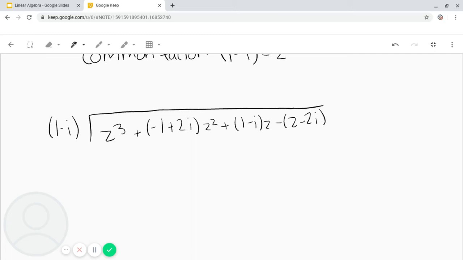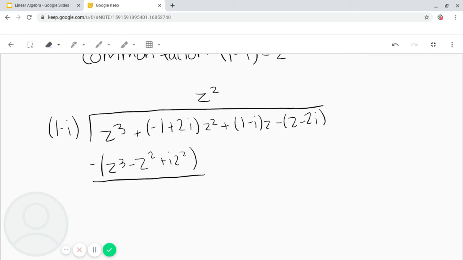To get z cubed, we have to multiply this by z squared. So multiply that and we have z cubed minus z squared plus i z squared. And we're going to subtract that.